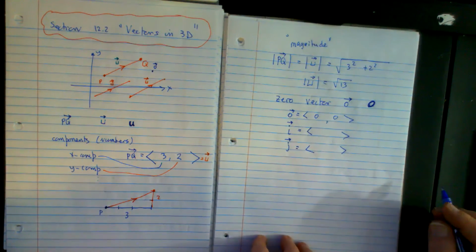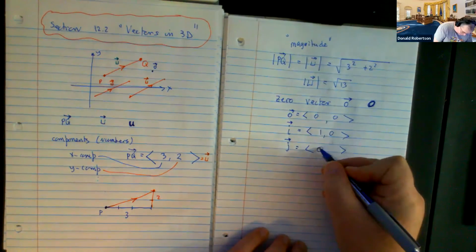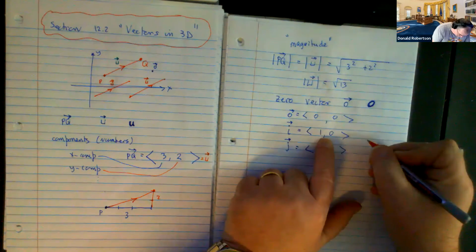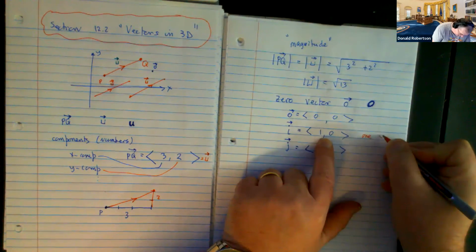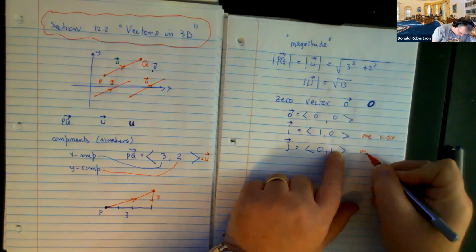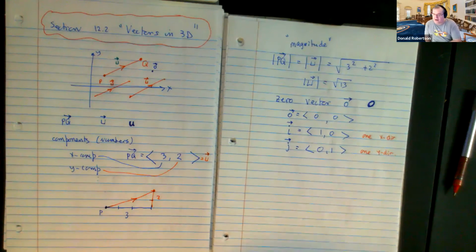Isn't I just 1, 0, the unit vector, and this one is 0, 1, and this represents one movement in the X direction, and this is one movement in the Y direction. So I and J are very special vectors. They're so special, they get their own letter of the alphabet, just like the zero vector gets 0. I gets I and J gets J.